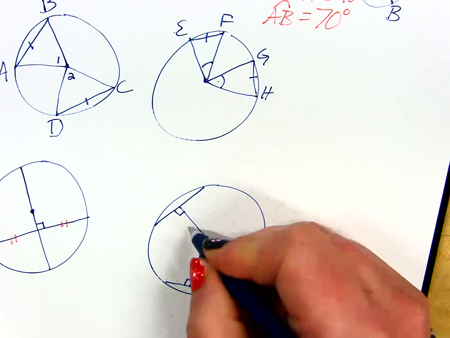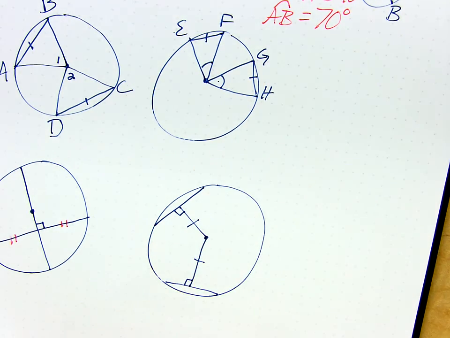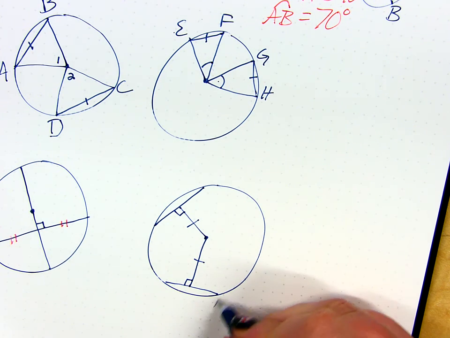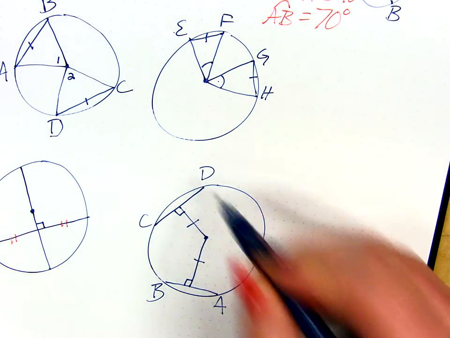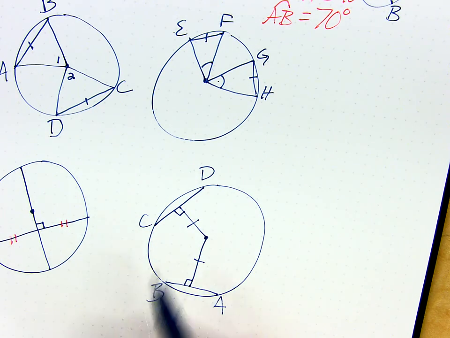And if I know that they are equidistant from the center, what do I know about those chords now, Dylan? Yes, they are congruent. So in other words, segment AB and segment CD must be congruent.